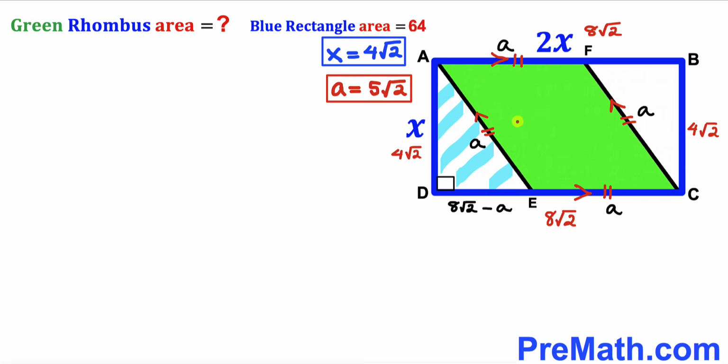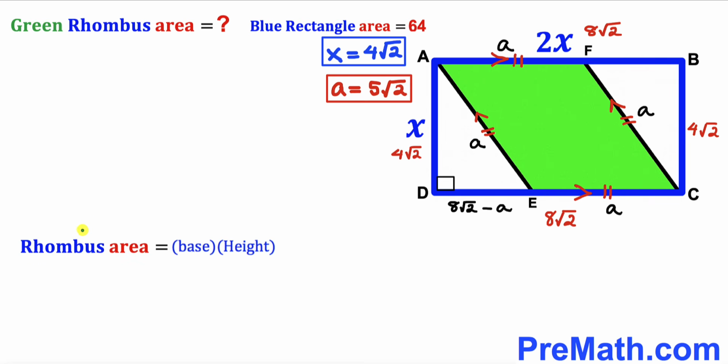Now we are going to calculate the area of this green shaded rhombus AECF. Let's recall the rhombus area formula. Area is always equal to base times the height. In our case, the base of this rhombus is lowercase a, which is equal to 5 times square root of 2, and the height of the rhombus is 4 times square root of 2.